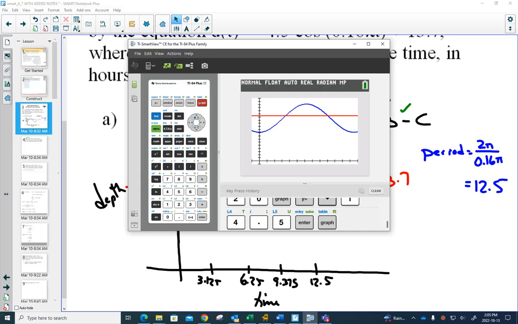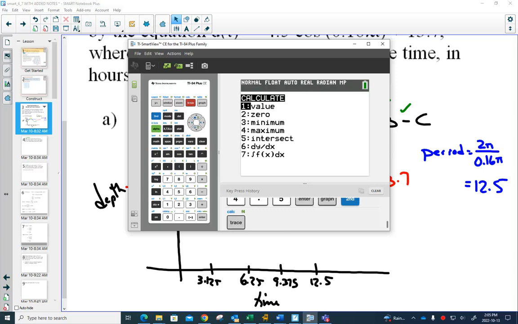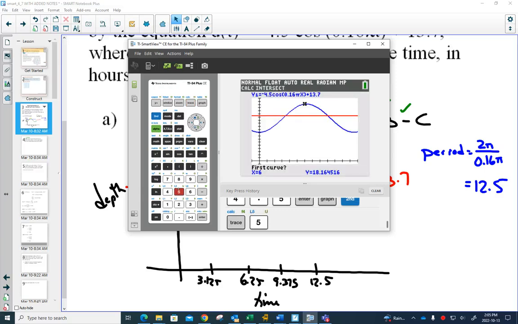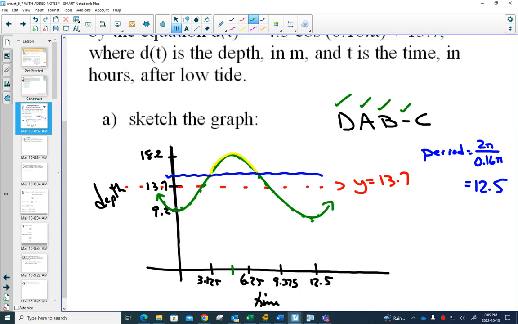And your calculator is very powerful. It can find out where these lines intersect. So I can go second, calculate number 5, where they intersect, push enter, enter, enter, and it says 3.48. The first one's right here, maybe here, 3.48.